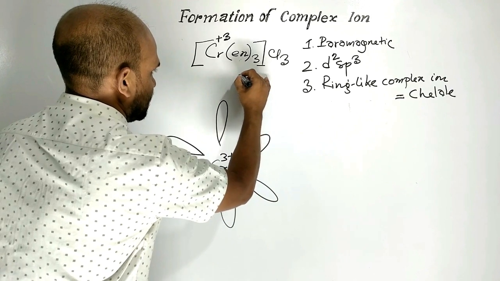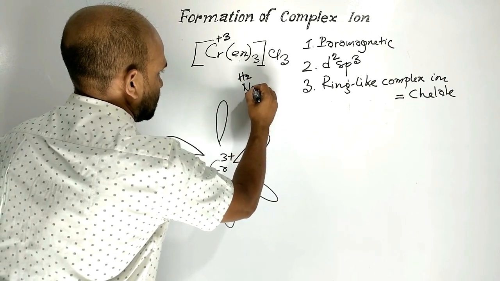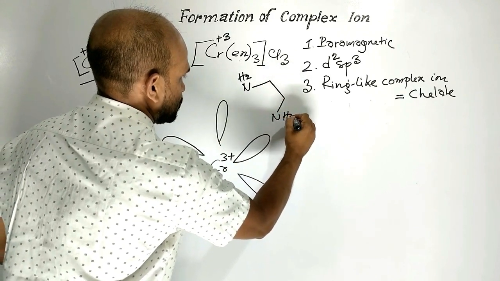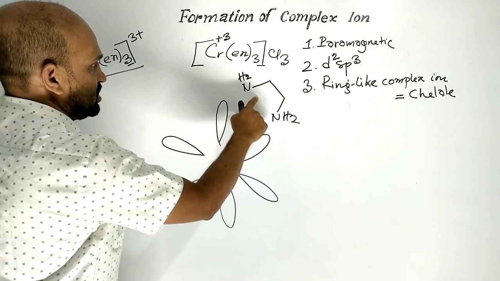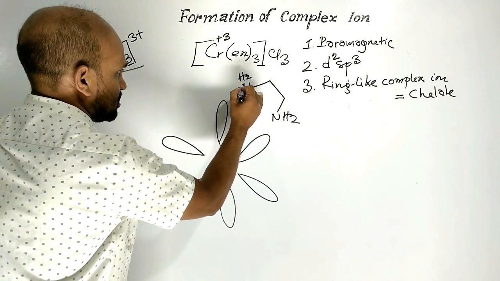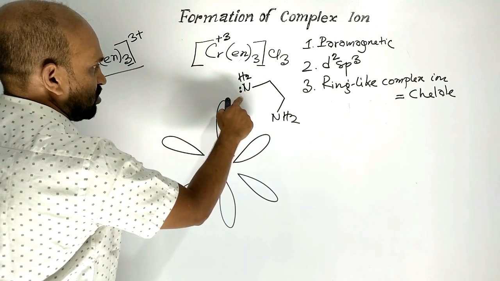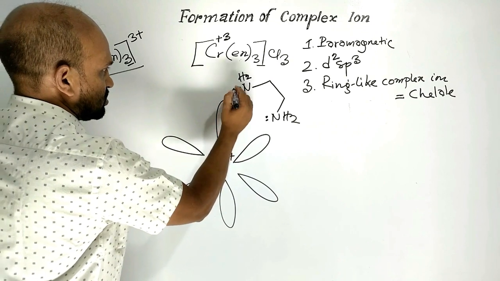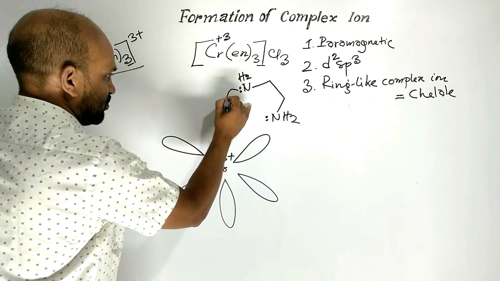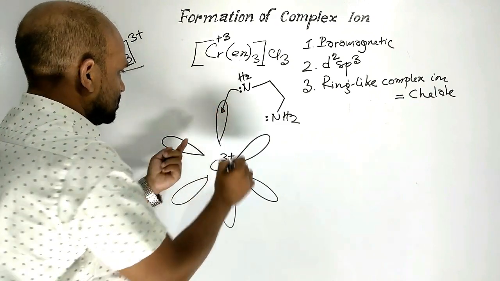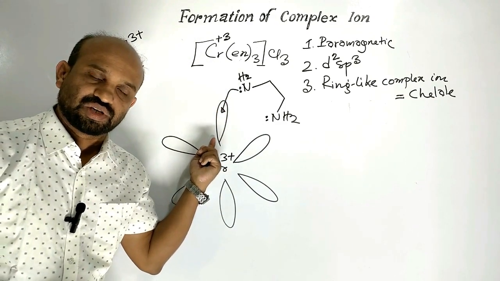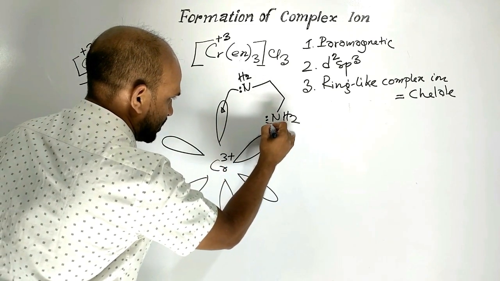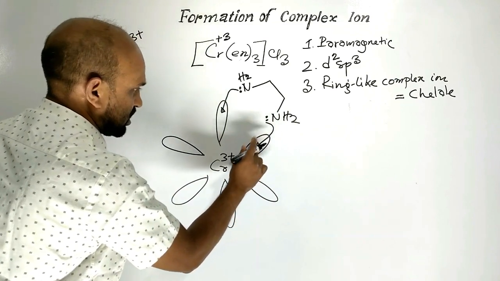This is N: NH2, CH2, CH2, NH2. This is ethane 1,2-diamine. Nitrogen carries 1 pair of electrons. With this pair of electrons, this nitrogen forms a coordinate covalent bond to the vacant hybrid orbital of chromium 3 plus ion.